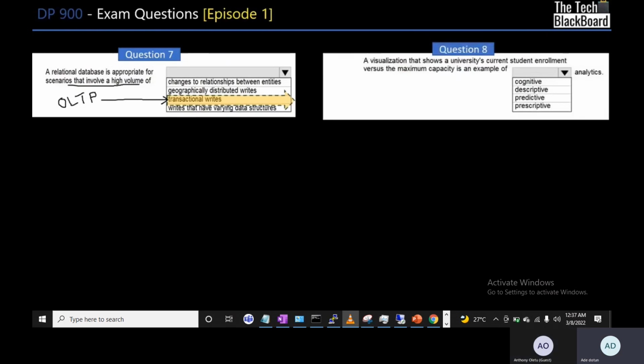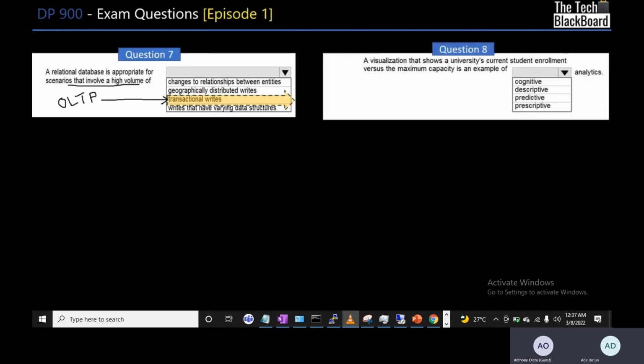Is that not like a bar chart or like a graph? Okay, cognitive. Wait. Hold on. Take your time and process that question. What they are playing on is your intelligence.